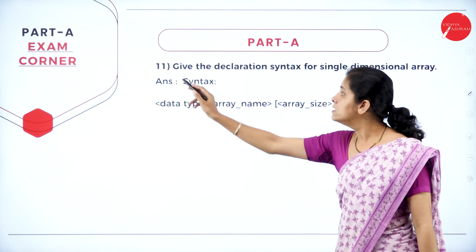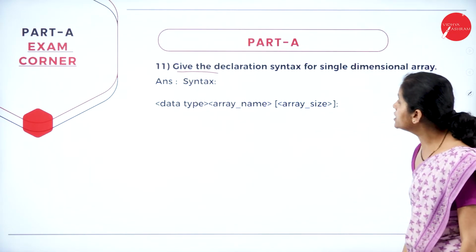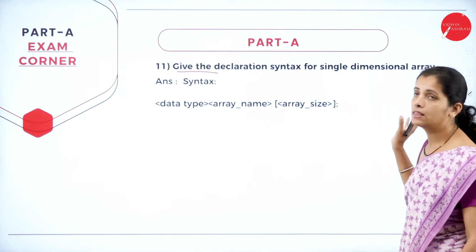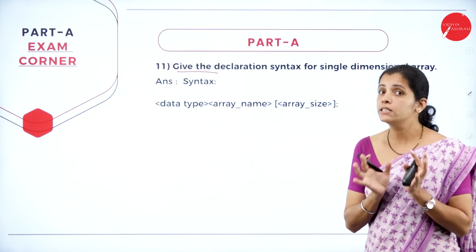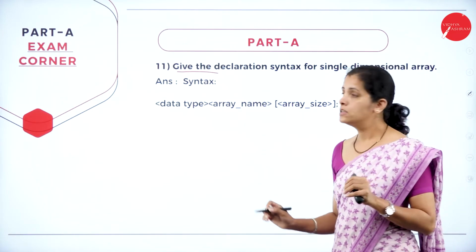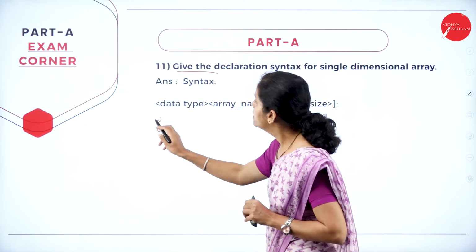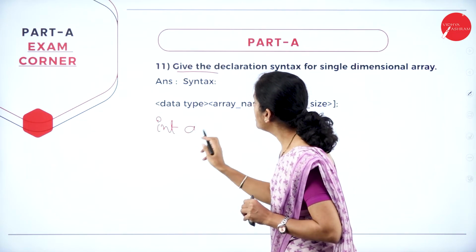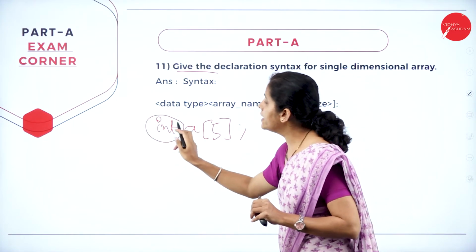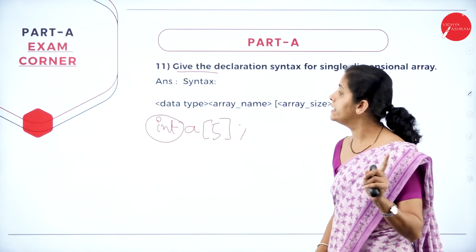Moving further, give the declaration syntax for a single dimensional array. Now I want to write the syntax, not the example. So what is the syntax? If I consider int a of 5, what is this int? Int is nothing but the data type.